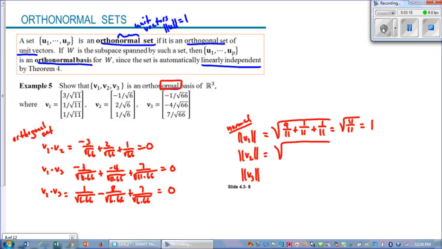For v2, just the sum of the squares, so it'll be 1 over 6 plus 4 over 6 plus 1 over 6, which again is just 1. For v3, 1 over 66 plus 16 over 66 plus 49 over 66, which is 1. So this does form an orthonormal basis for R3.